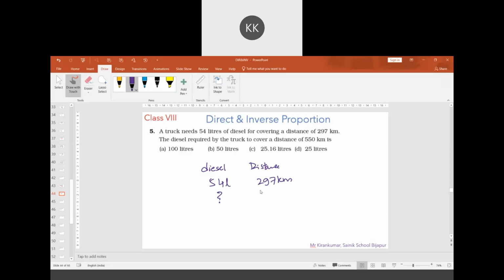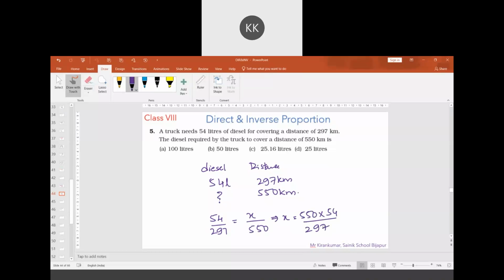For what amount of diesel will it cover 550 kilometers? We know that it's a direct proportion. In direct proportion, the ratio will be equal. So we can consider 54 upon 297 is equal to x upon 550. So x will be 550 times 54 divided by 297.